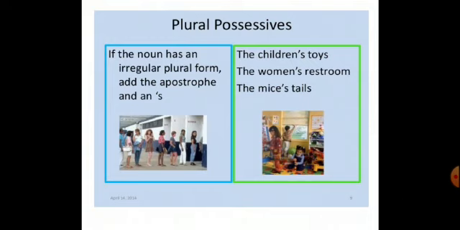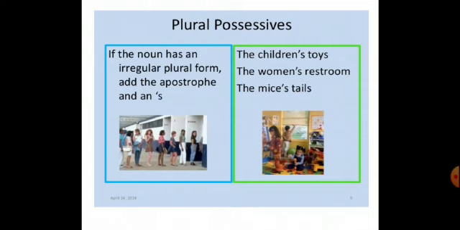In that case, I will put apostrophe S, exactly like the singular noun. Because if I put children, which is the plural of child, and then add the S as a possessive, writing children-S-apostrophe, that's totally wrong. Because I will not make a plural of the plural.